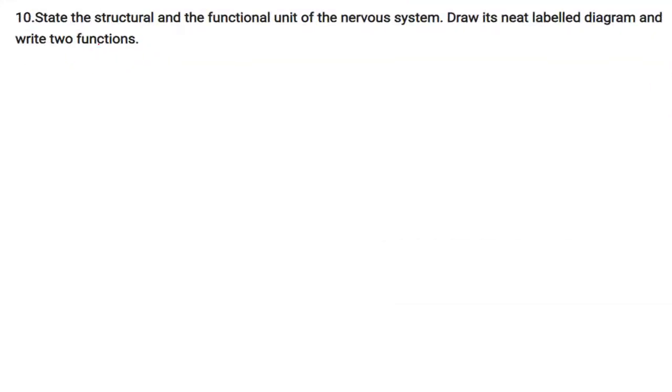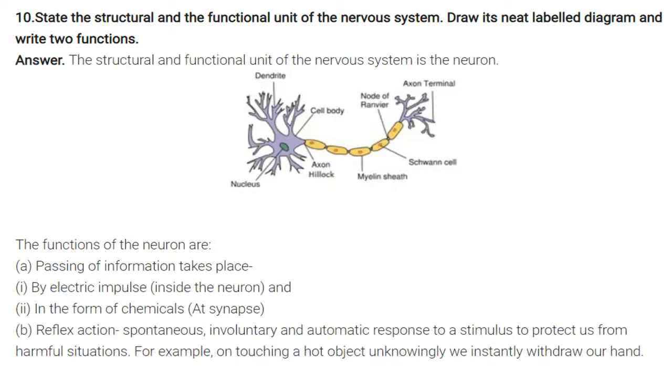State the structural and functional unit of the nervous system. Draw its neat labelled diagram and write two functions. The structural and functional unit of the nervous system is the neuron. In the neuron, we have these thread-like, or spine-like, dendrites.